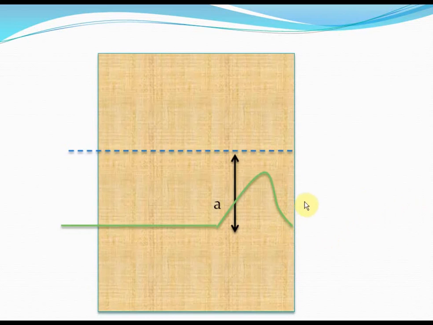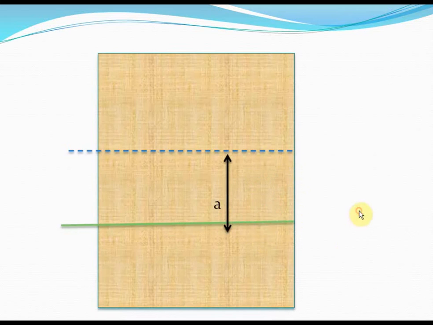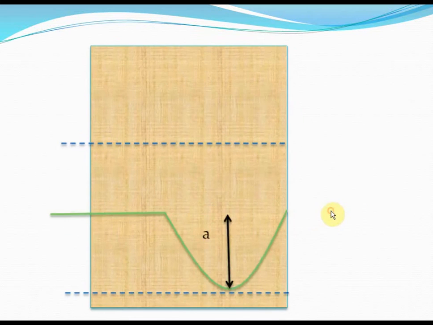So it will exert an equal and opposite force downwards, and this exerting of an equal and opposite force downwards on this wave pulse will cause the wave pulse to become inverted, because the particles of the wave pulse wanted to move upwards, but the wall, the denser medium, is exerting an equal and opposite force on the wave pulse to stop it from moving, and that equal and opposite force is resulting in the wave pulse becoming inverted. That is the reason there is a phase angle change of pi.